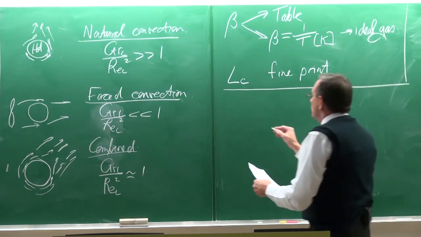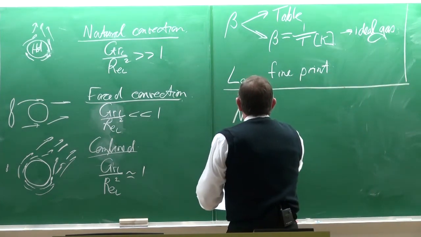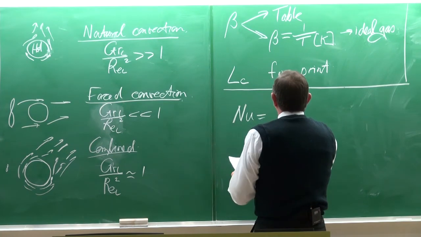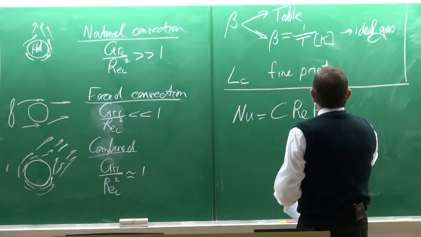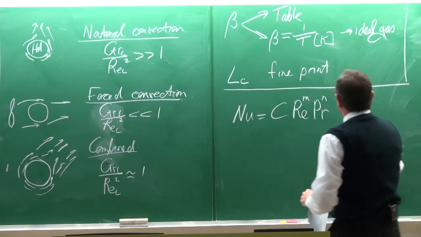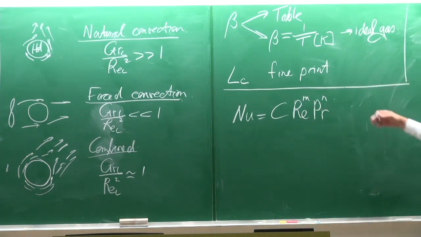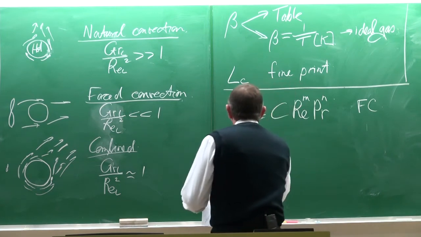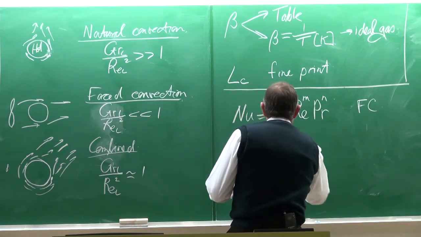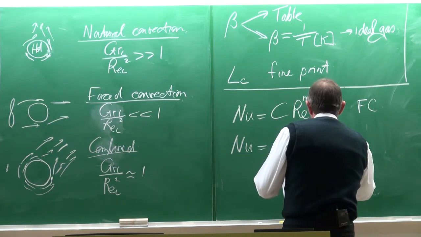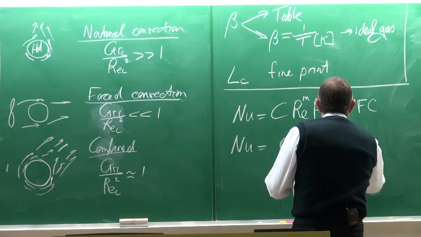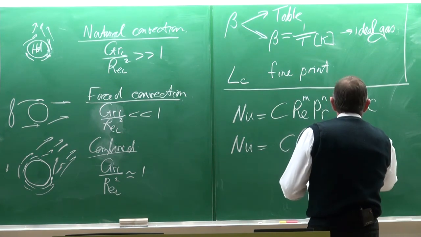Now in general, you have learned that the Nusselt number can be written as a constant multiplied by Reynolds and Prandtl number, like that. And that was typically for forced convection problems. Now that we've got natural convection, the Nusselt number can be written as a constant and in most cases multiplied by the Grashof number multiplied by the Prandtl number to the n.